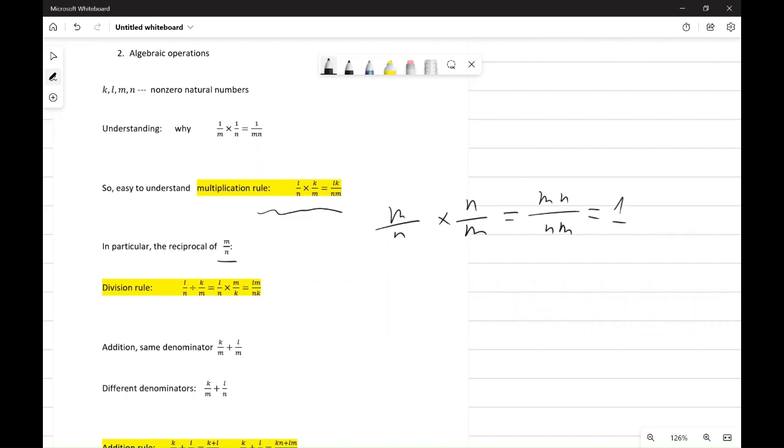Therefore, the reciprocal of m over n just flips these two numbers. The numerator becomes the denominator, and the denominator becomes the numerator. So that is the reciprocal of m over n.